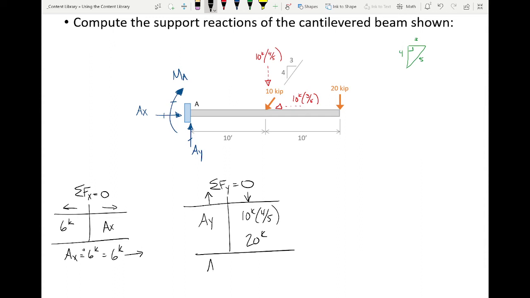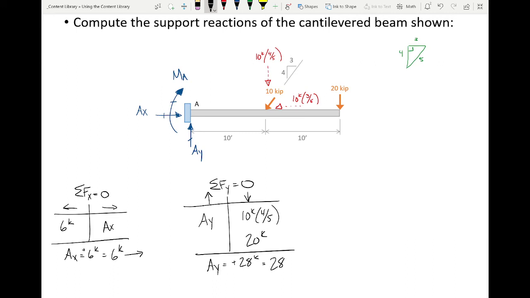So what's AY going to be? 28. Positive. And what does that positive value in that expression mean? It means we assumed AY to be going upwards. We got a positive number. That means that assumption was correct, and 28 kips is going up.